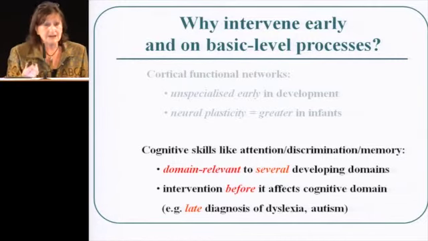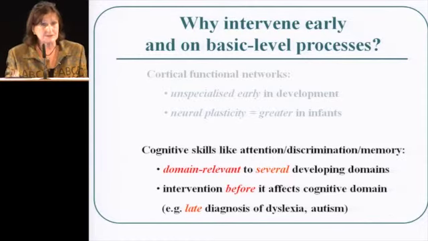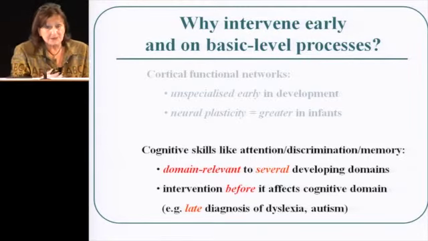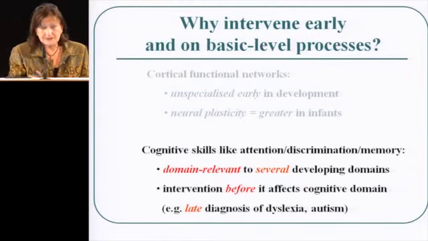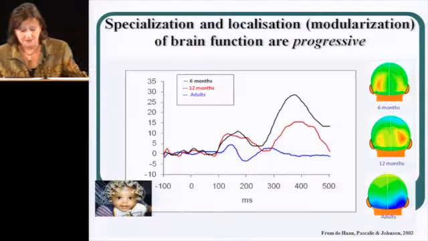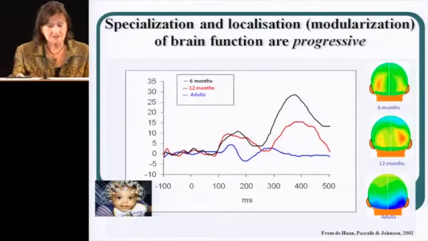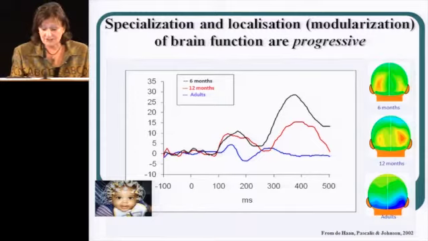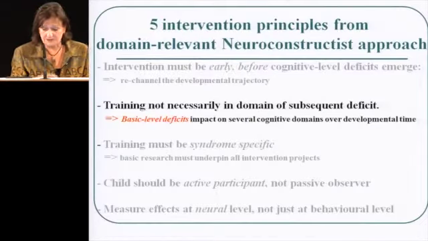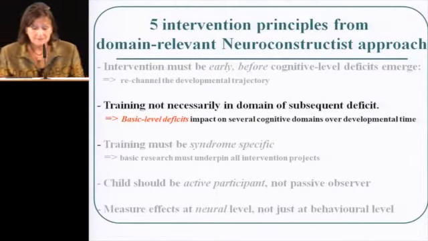So because we have late diagnosis, for the moment at least, of autism, dyslexia, and certain other disorders, getting in early at the very basic level might change the developmental trajectory over time. And this was just an example of how the brain changes over time. I don't have time to go into it.